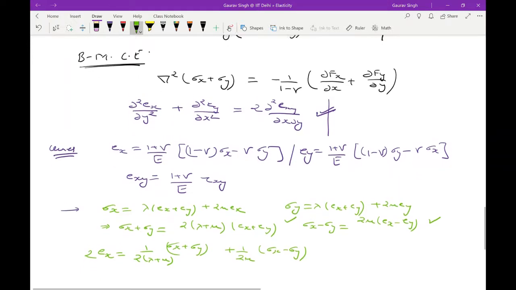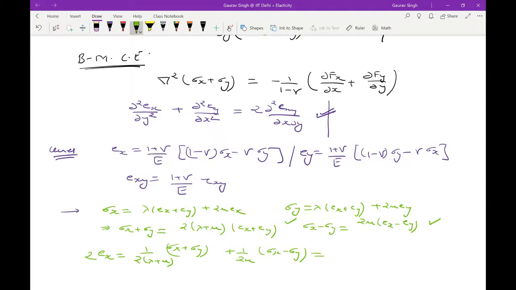One can also write this not in lambda and mu but in nu and E, that would make it 1 plus nu by E, 1 minus 2 nu sigma x plus sigma y.